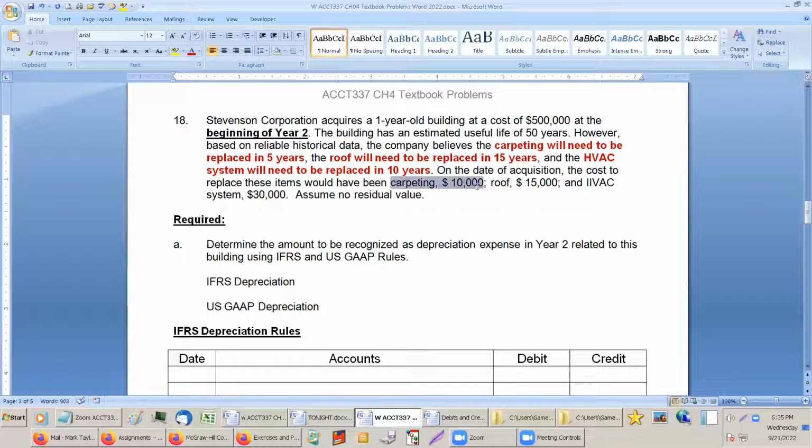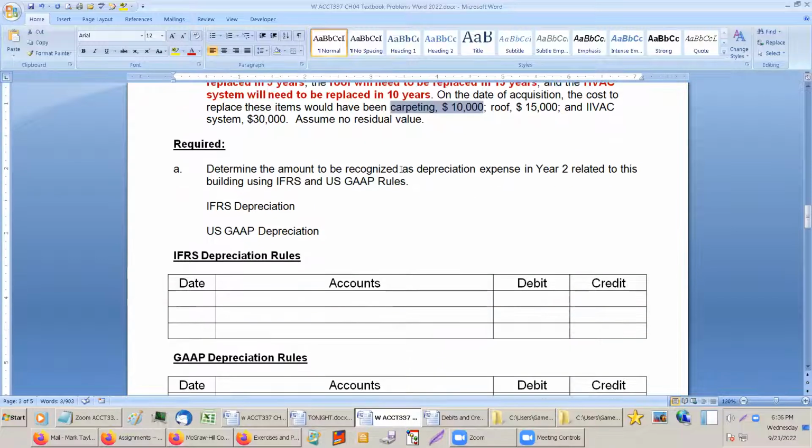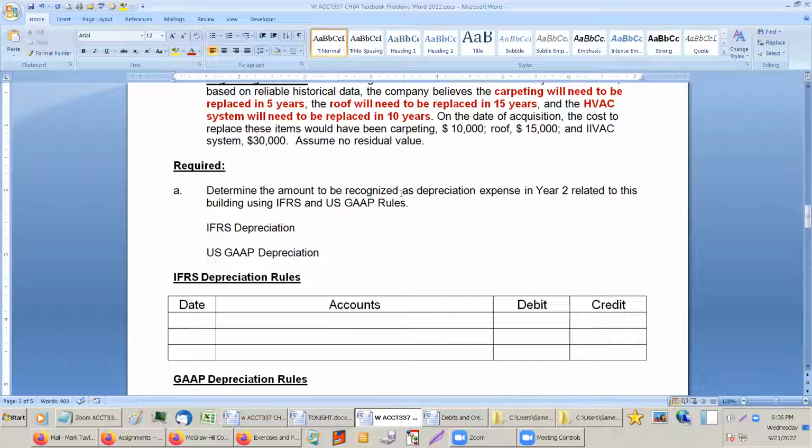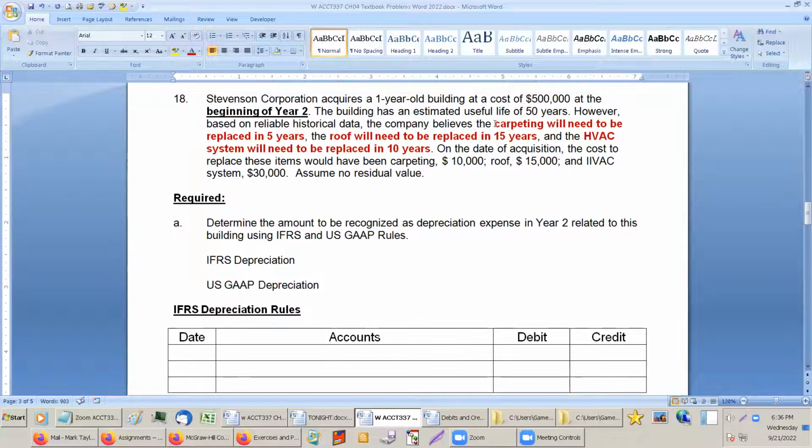So carpeting is 5, roof's 15. For IFRS depreciation, we split it up. Probably the easiest way to do this is to get all the individual items, and then whatever's left over will be in the building.